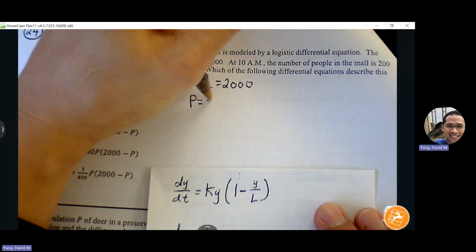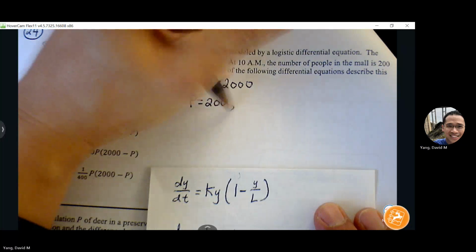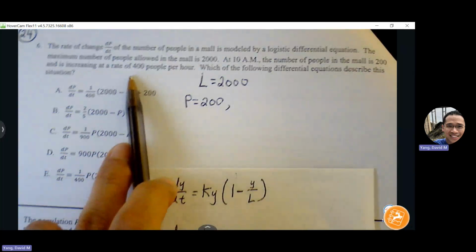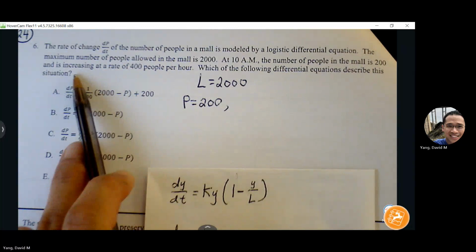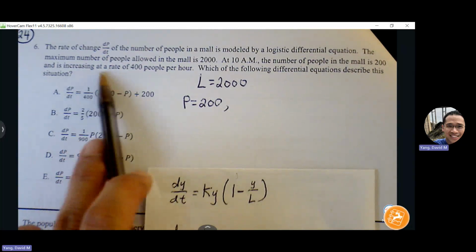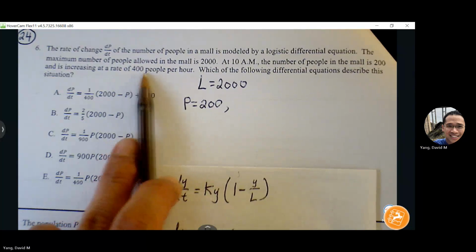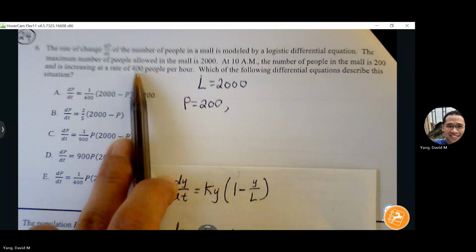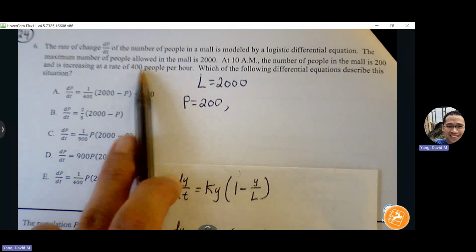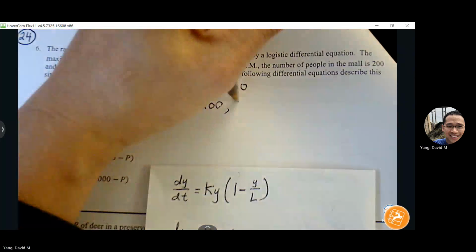P, right? When P is 200, the rate is increasing at 400 people per hour. What variable is that? dP over dt, right? People per hour, that's rate of change of people.